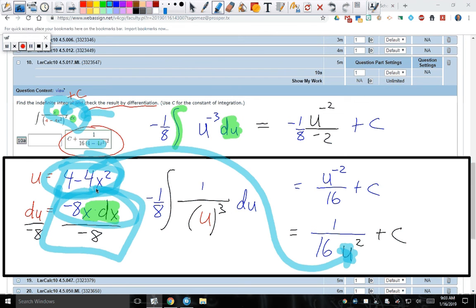Yes? Any other questions? So, could you explain why you put negative 1/8 and put 1 in the numerator and substitute du? The reason why I pulled this out, this is another good question, is when I take the derivative, I know I can take the derivative of a constant. It's going to be 0 no matter what. But when I take the antiderivative, I don't have to take the antiderivative of a constant per se. I just have to multiply that constant back in.